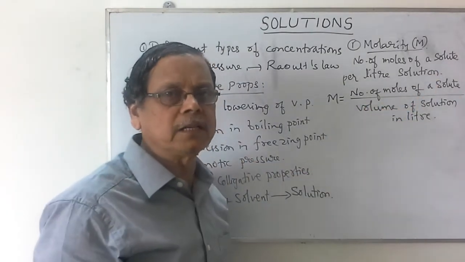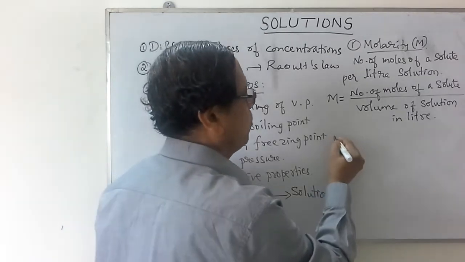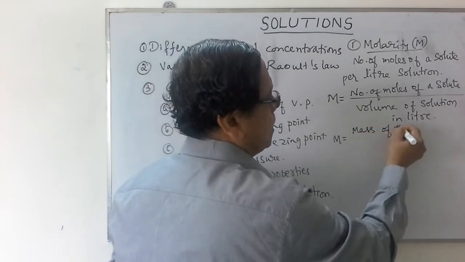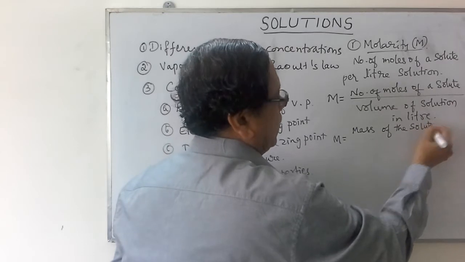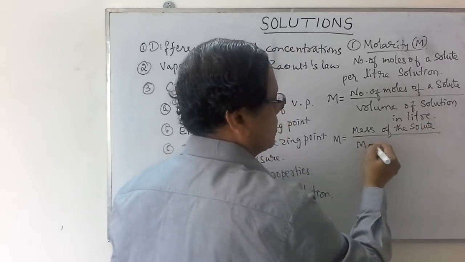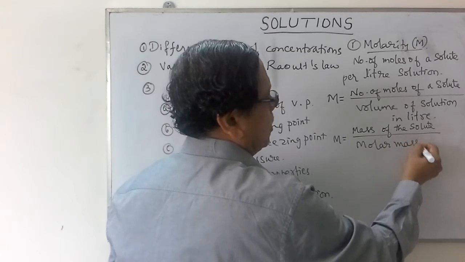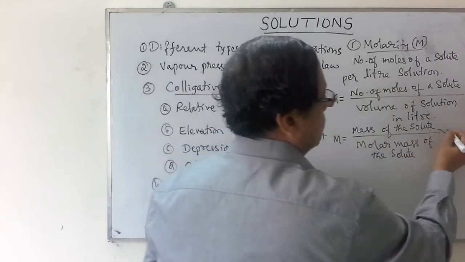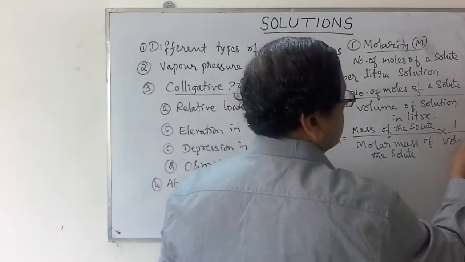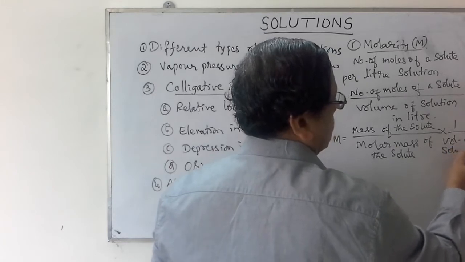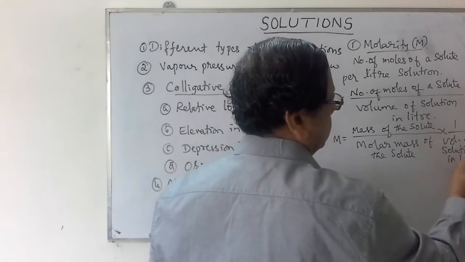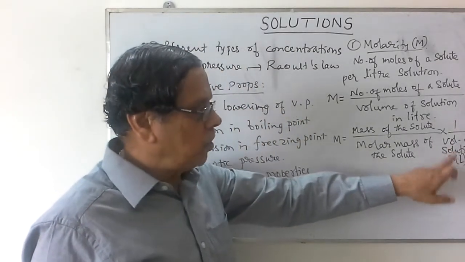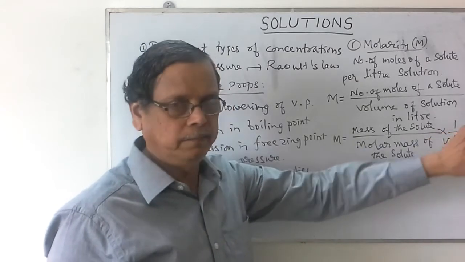If you are given the mass of the solute, then we can also calculate the molarity as mass of the solute divided by molar mass of the solute, into 1 by volume of solution in liter. So always volume should be expressed in liter. Suppose volume is given in milliliter, then you have to multiply by 1000.